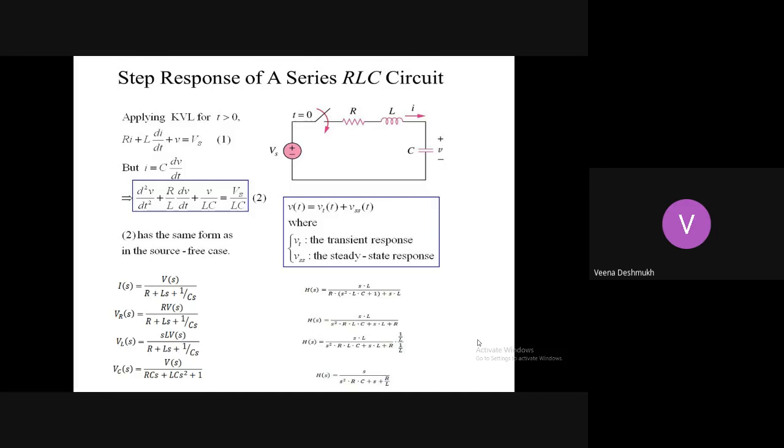Now we can relate here. Here I have given the equations in terms of RLC only, not only in terms of S, omega and zeta. These are the Laplace transforms for the current flowing through the circuit, the voltage developed across the resistor, the voltage developed across the inductor, and the voltage developed across the capacitor.